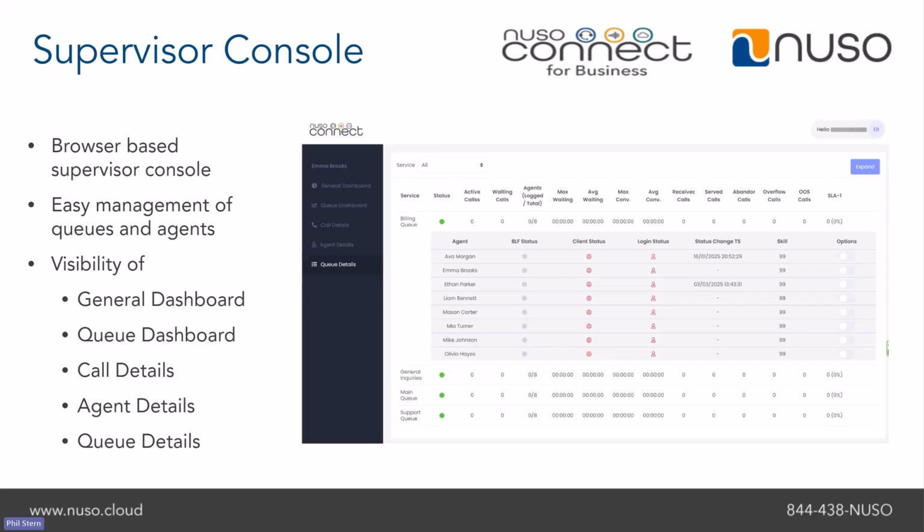Yeah, it really is. If anybody has ever seen, we did a webinar a few weeks back on NUSO Connect for Enterprise. So that is our big dog. We're talking huge contact center solution. The depth and complexity of that product, it's big. The functionality is on a whole other level, and it's not for everyone. And that's why we have these options.